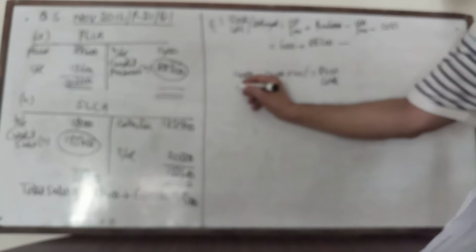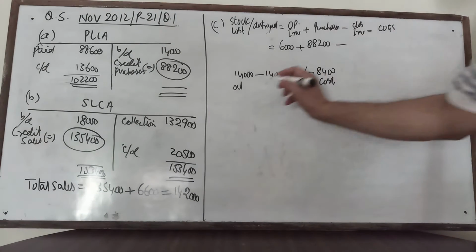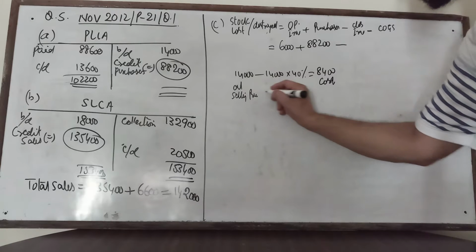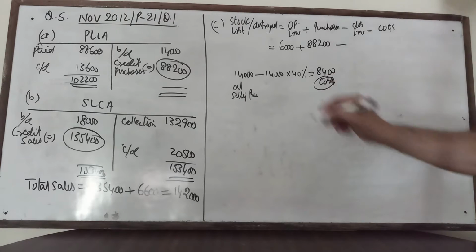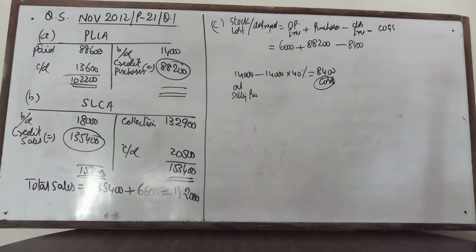This is the closing inventory at the selling price, and this is the closing inventory at the cost price. So we have to minus closing inventory at the cost price here, as given in the paragraph for this stock loss calculation.